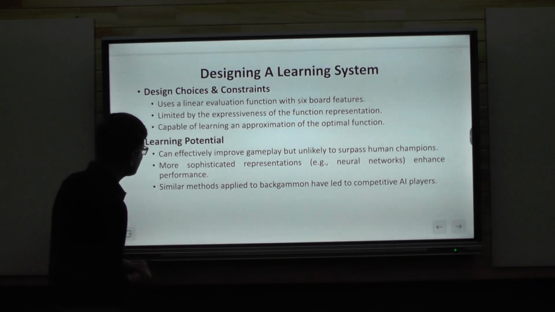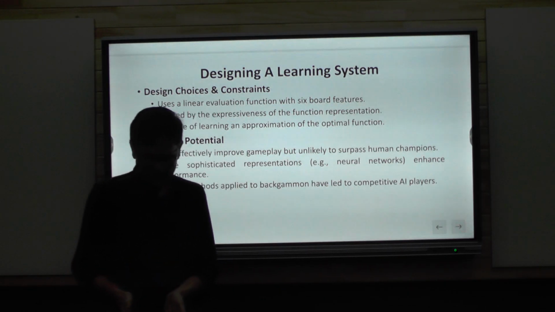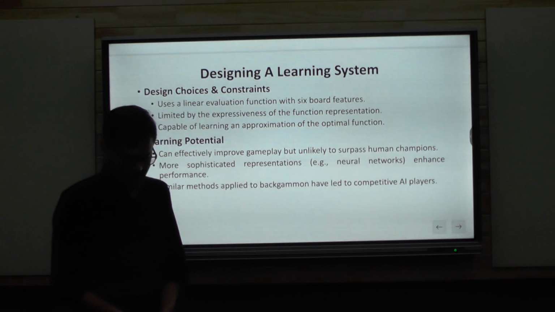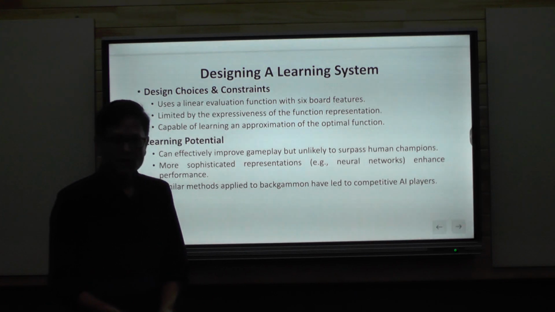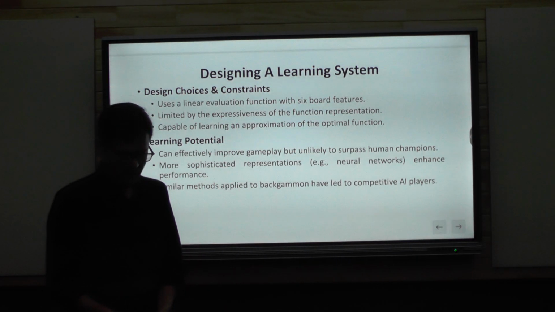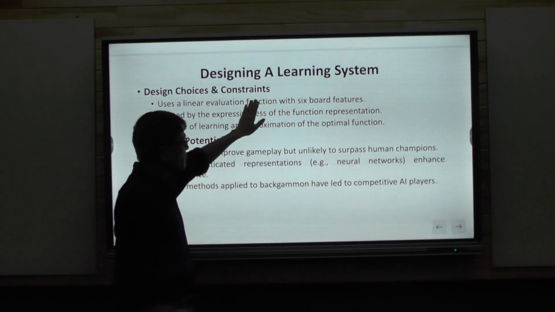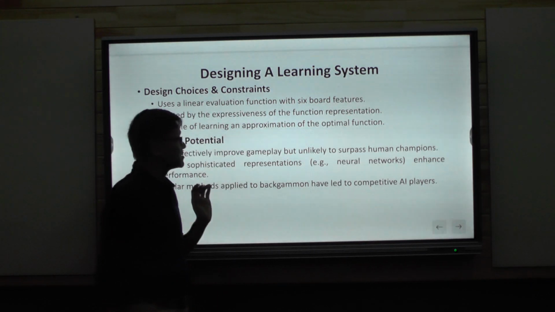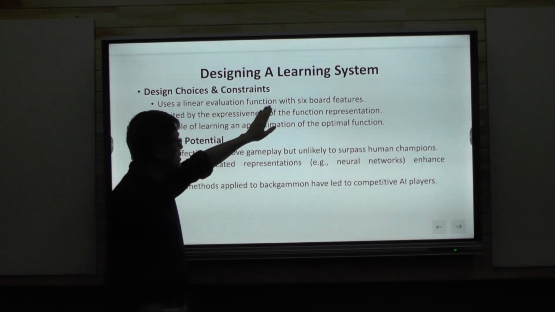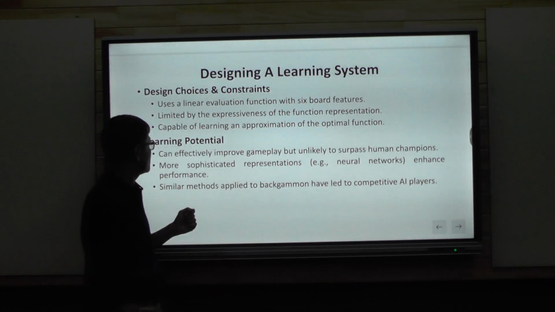Okay, design choices. We have certain design choices, out of which we choose one and ignore the others, so we have to operate within certain constraints. We use a linear evaluation function with 6 board features, which we have chosen.